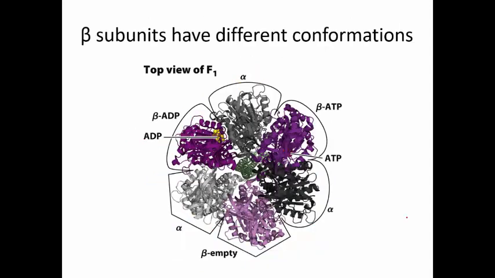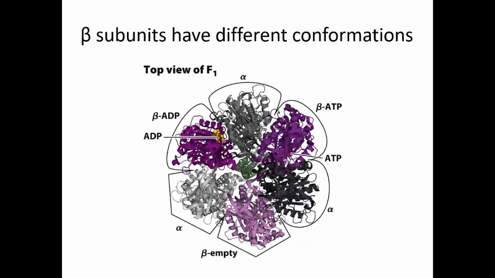So the way this works is there are these 3 beta subunits, and they have 3 different conformations that preferentially bind to one of something or nothing. So one conformation is where ADP has a very high affinity for it. So this subunit is when ADP binds.